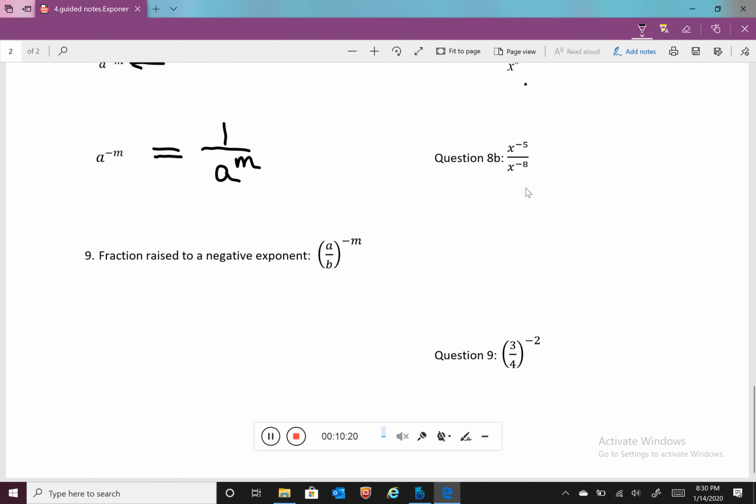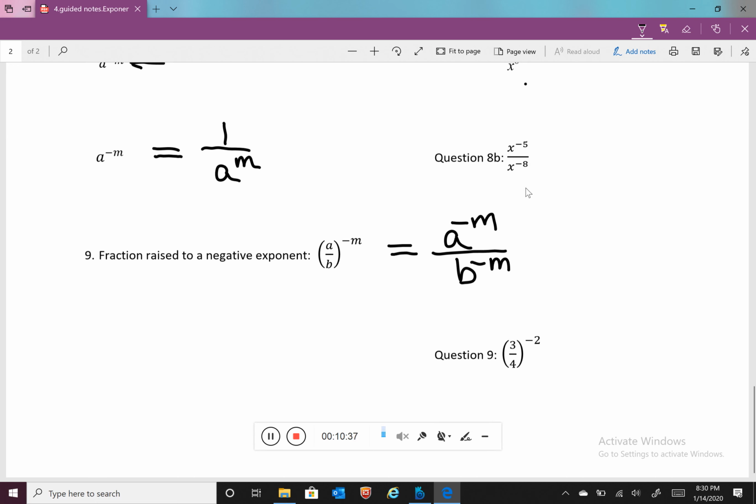Our last rule is if we have a fraction raised to a negative exponent. There are two ways to handle this. We could take a and raise it to the negative m, but that means b also has to be raised to the negative m.